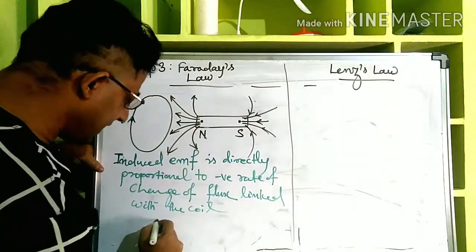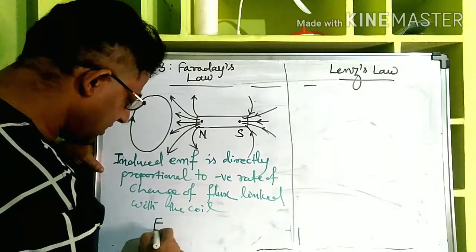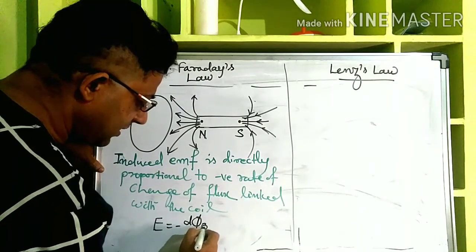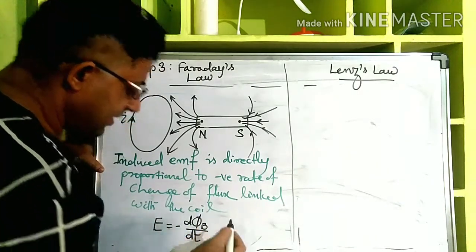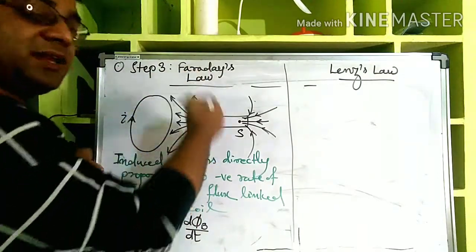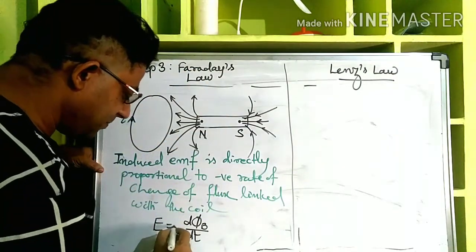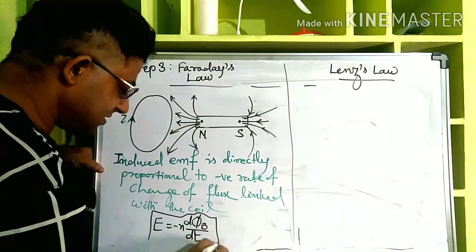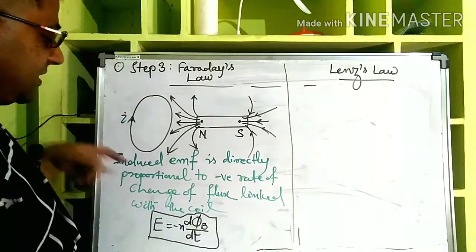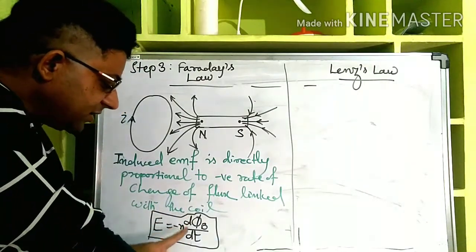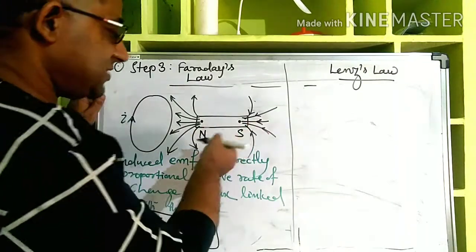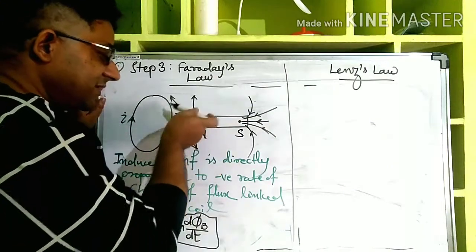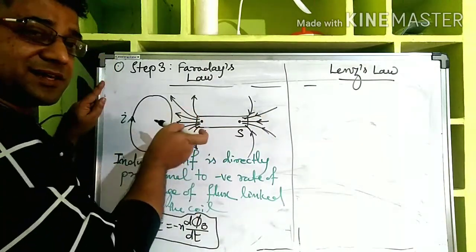Mathematically, E is equal to minus d phi B by dt. And instead of one coil, if n turns are there, then it is simply minus n d phi by dt. That is, induced EMF is given by the negative rate of change of magnetic flux. In observation, it is seen that as long as the flux linked with the coil is changing, only then is there a current.